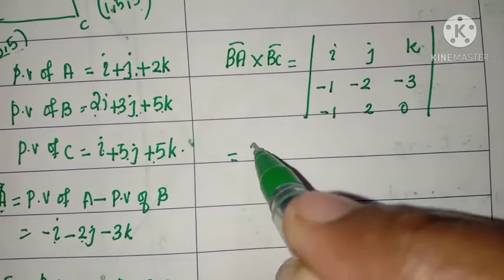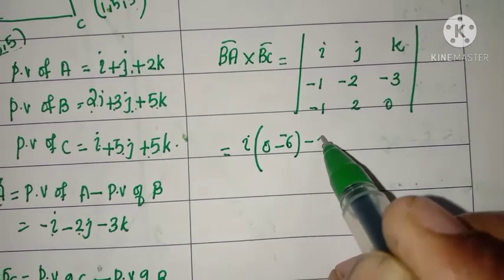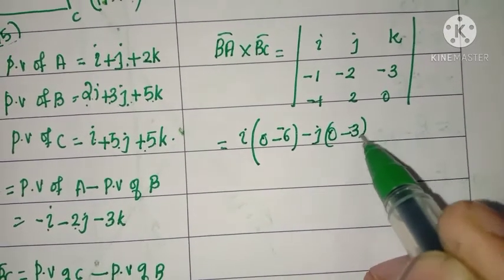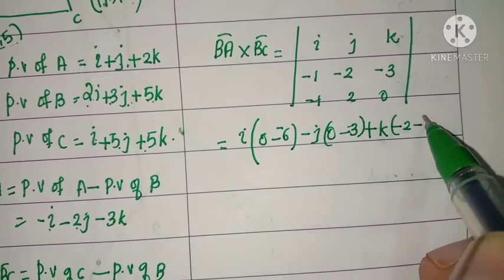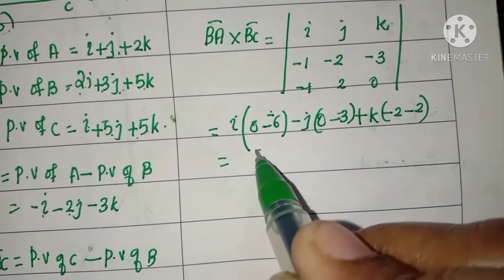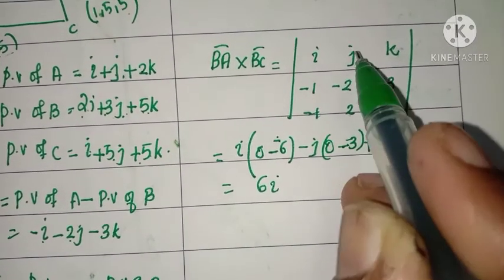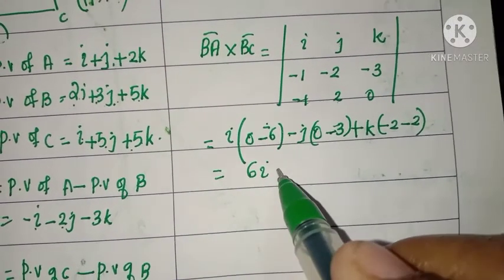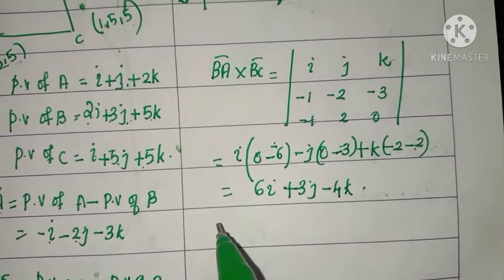Now find the determinant. i into 0 minus -6, minus j into 0 minus 3, plus k into -2 minus plus 2. So this is plus 6i, plus 3j, minus 4k.